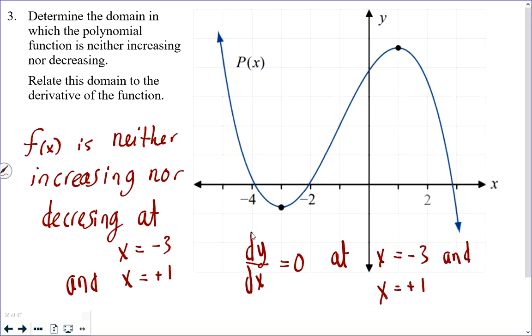I mean, just roll that around in your head. If the slope of the tangent, which is the derivative, is 0 at a point, and the function is, well, that's even not correct. We're going to run into situations where that's not correct. Let me be even more specific. If the derivative of the function is 0, and to the left of that point the function is increasing, and to the right it's decreasing, then that point must be a maximum.